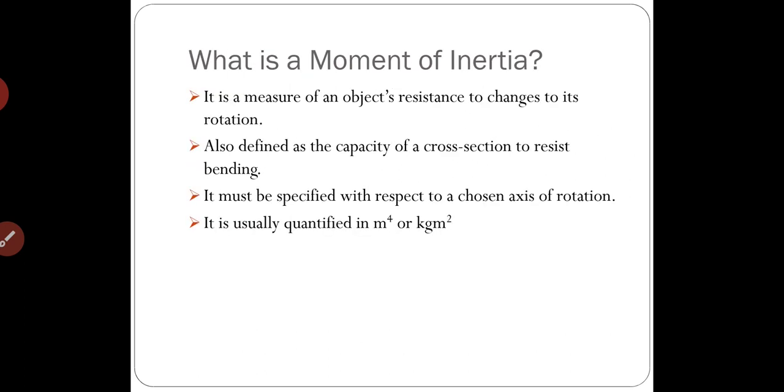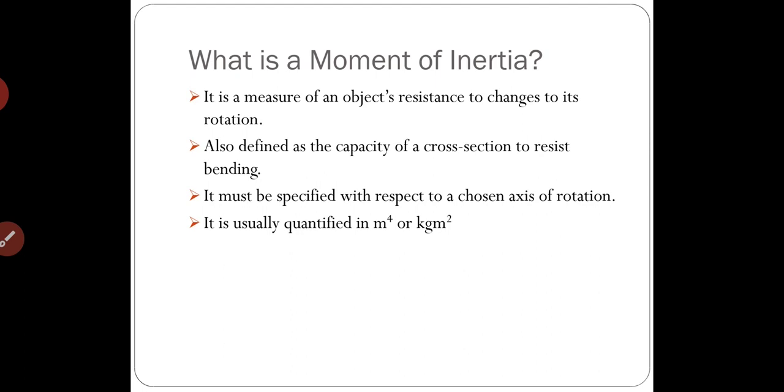Then what is moment of inertia? It is a measure of an object's resistance to change to its rotation. Basically, it is similar to the inertia for a rectilinear motion. For a rotary motion, we call it moment of inertia.